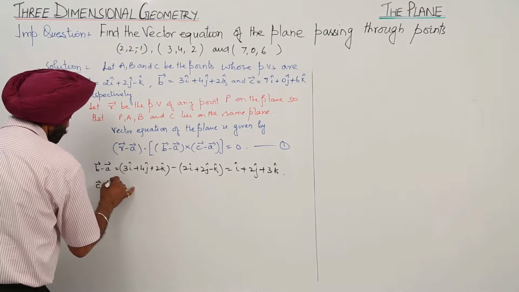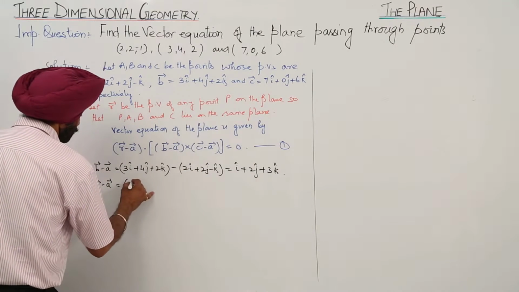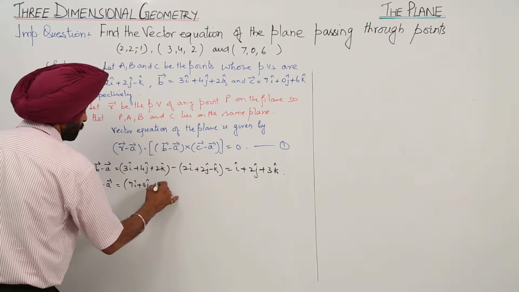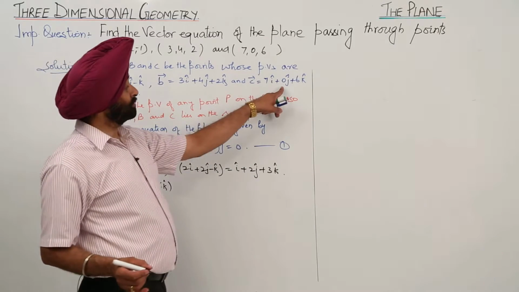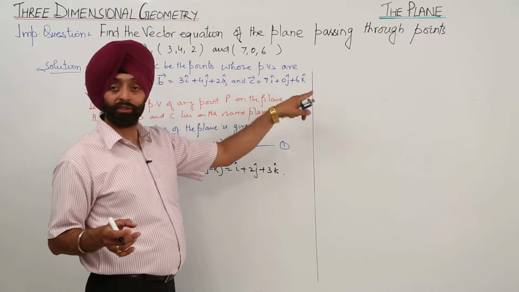And now vector C minus vector A is equal to, now vector C we are having 7i cap plus 0j cap plus 6k cap. If you delete this component, it is alright. You can just write it 7i cap plus 6k cap.